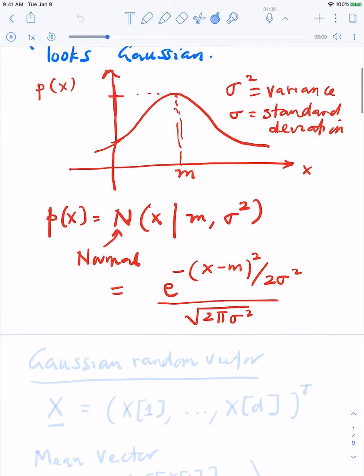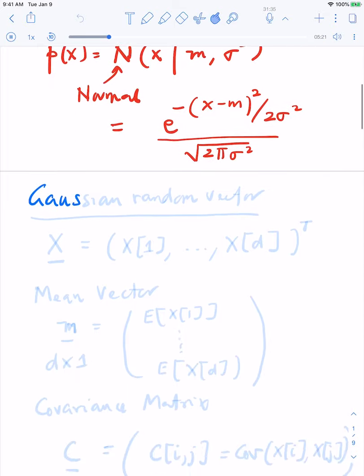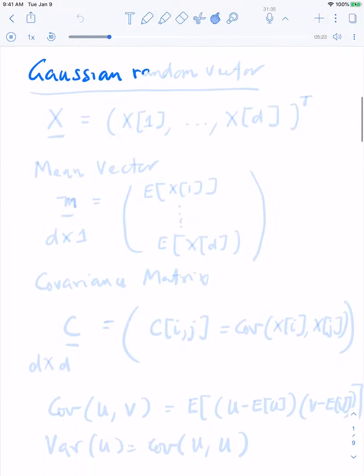We often want to talk about multiple Gaussian random variables defined on the same probability space, which means we can talk about their joint distribution. So let's write that down. A Gaussian random vector, and that's bold X, but I'm going to here just write it as X with a bar below.